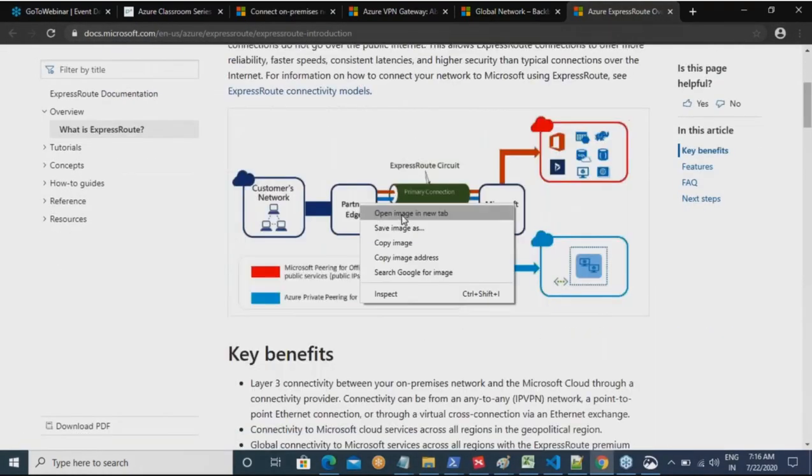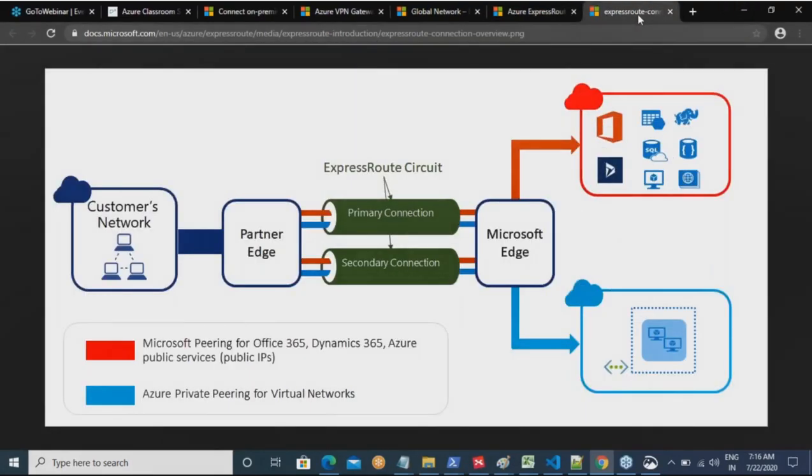Are you seeing this image? This is what I'm interested in. This is your organization network. From your organization network to the Microsoft Edge location, you will try to take a leased line. Partner edge means that you are taking the leased line from companies like Airtel, AT&T. There are different partners which Microsoft Azure supports.